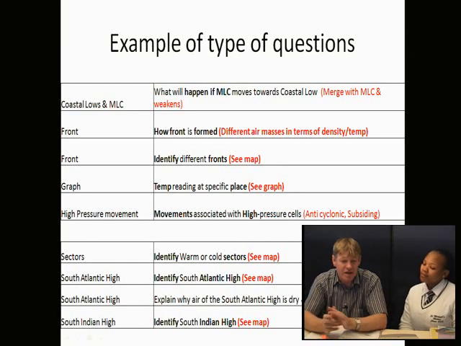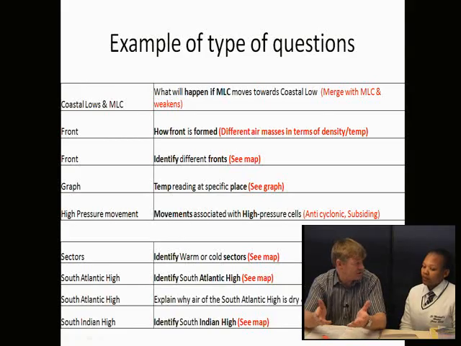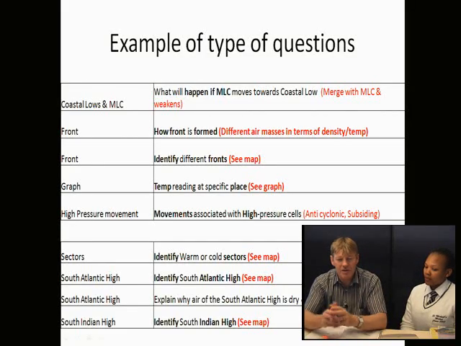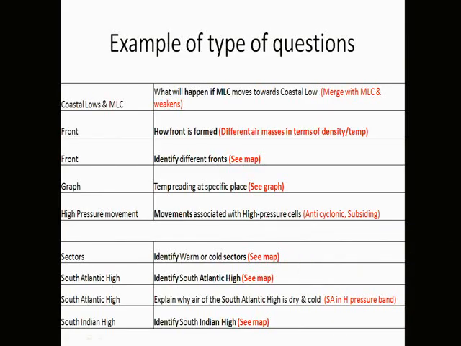The South Atlantic high that you needed to identify there, always remember that is along the west coast, the South Atlantic, and then my South Indian will be along the east coast. And then explain why air of the South Atlantic high is dry and cold, because South Africa lies in the band of high pressure systems.